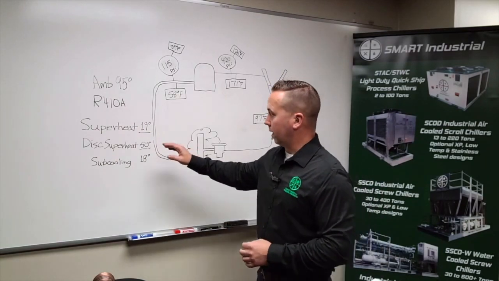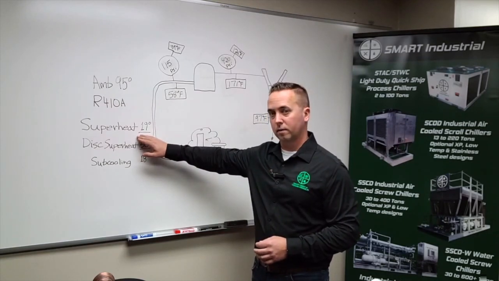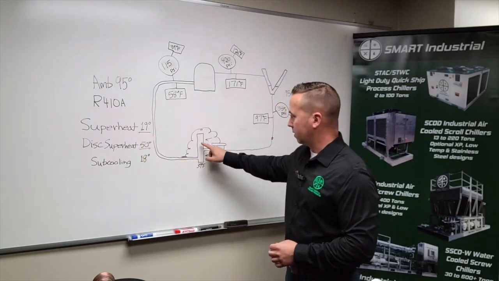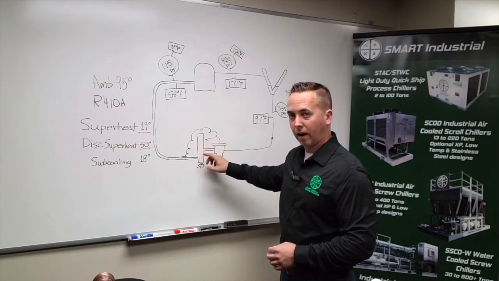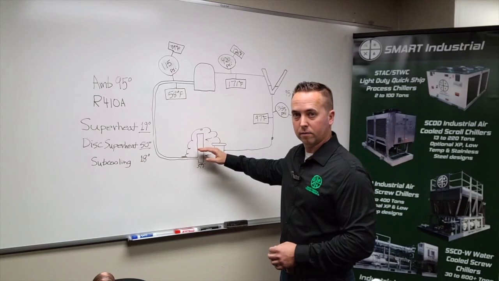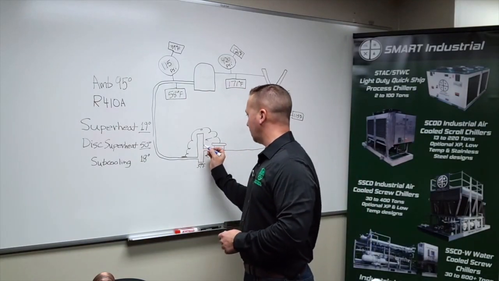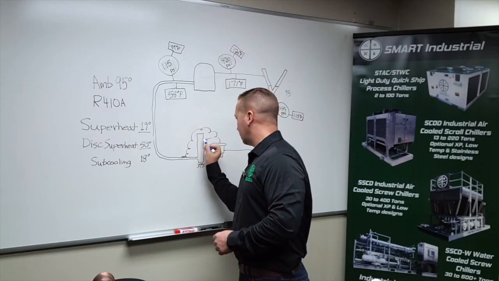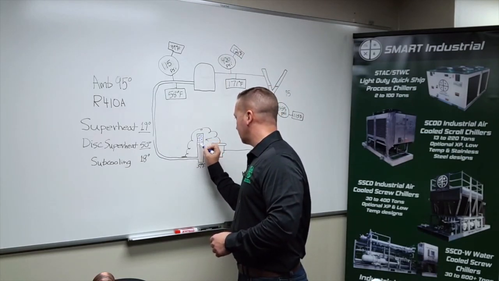But let's examine what those numbers really tell us. When I tell you that I have 19 degrees of suction superheat, that means that I've picked up an additional 19 degrees of heat within my evaporator after the refrigerant boiled off. So if you would like a pictorial of that, look at the evaporator as if it were full of a liquid vapor mixture.